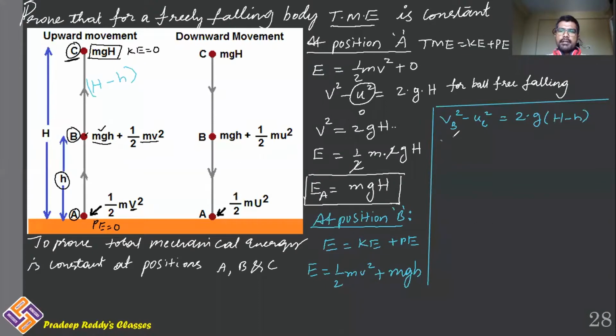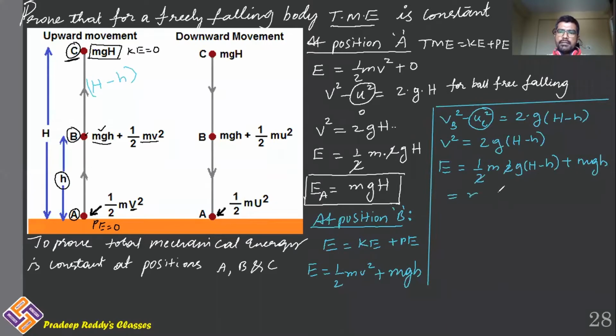Now what is velocity at B whole square? The initial velocity term becomes 0, so v square is 2g into capital H minus small h. Take this and substitute in this expression. Capital E will be equal to half m into 2g into capital H minus small h, plus mgh. This 2 and 2 get cancelled.